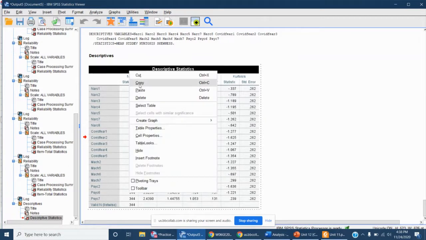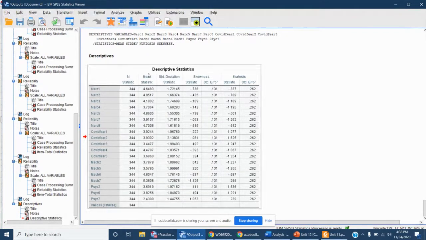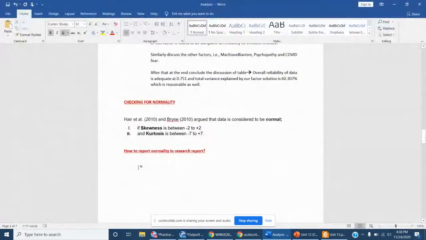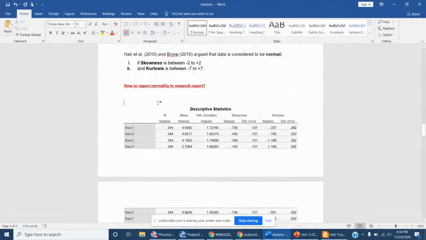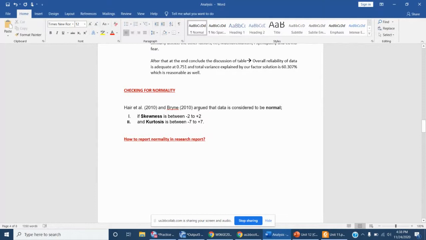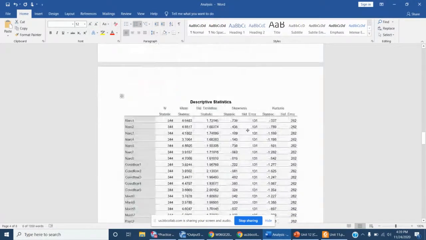I will copy this table and paste it here. This is a table which tells me that my data is normally distributed. In my results section, I will argue that according to the criteria of Hair et al. 2010 and Bryne 2010, and I will give the references of these two research papers as well, data is considered normal if skewness is between -2 and +2 and kurtosis is between -7 and +7.